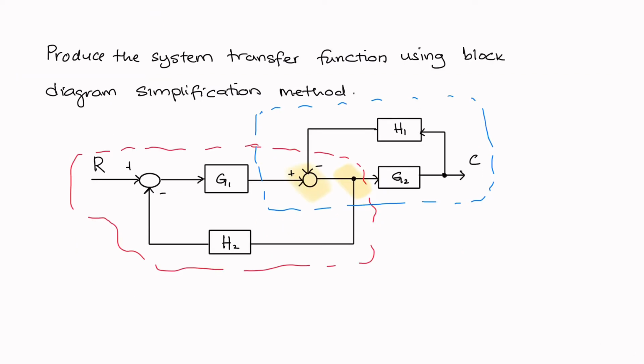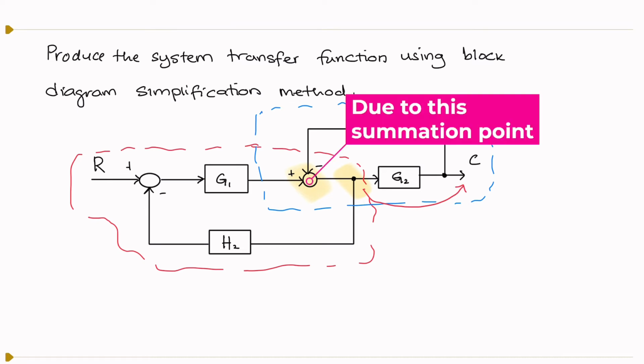There are two options, to move the pick-off point or the summation point. For the pick-off point, we can only move it over G2 toward the output. But we cannot move the pick-off point over G1 toward the input due to the summation point here.